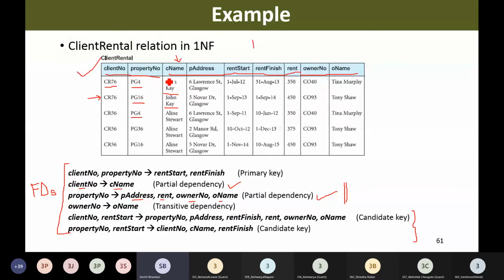See, client number, property number is determining client name. Why? Because client number, property number is my primary key, and this primary key is determining all the attributes. So obviously, client number, property number is determining client name. But my question is whether client name is dependent upon property number.